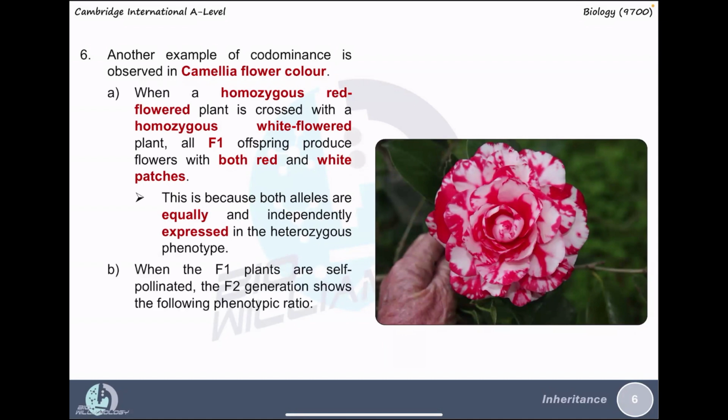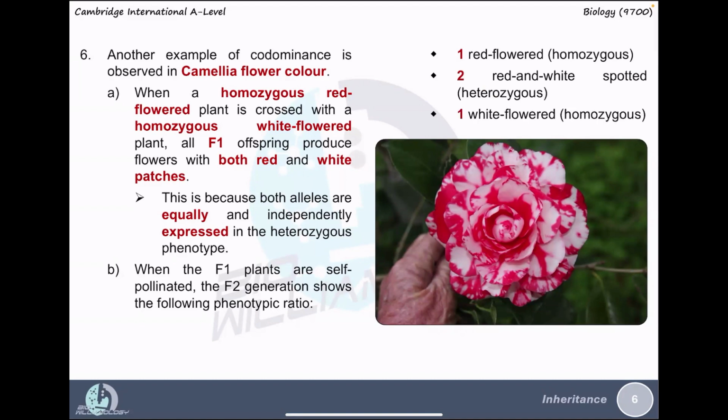When F1 plants are self-pollinated, the F2 generation shows a flower phenotypic ratio of 1 part red flower, which is homozygous, 2 parts red and white spotted, which is heterozygous, and 1 part white flower, which is homozygous.